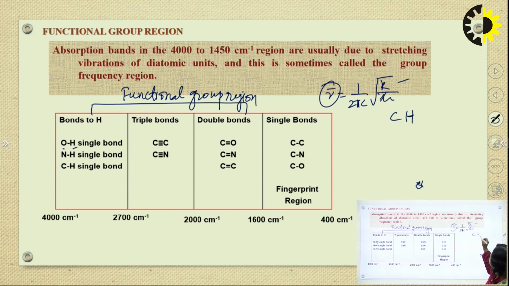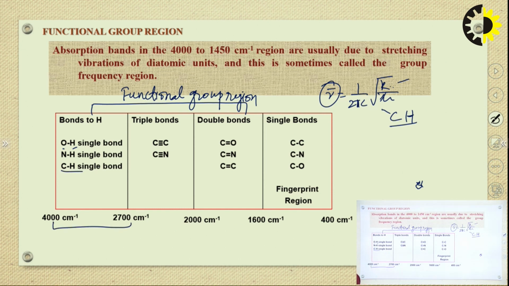So for this CH bond, just one example, the force constant k will vary. When k varies, we have different values of k for different compounds, yet they will still remain in this region only.